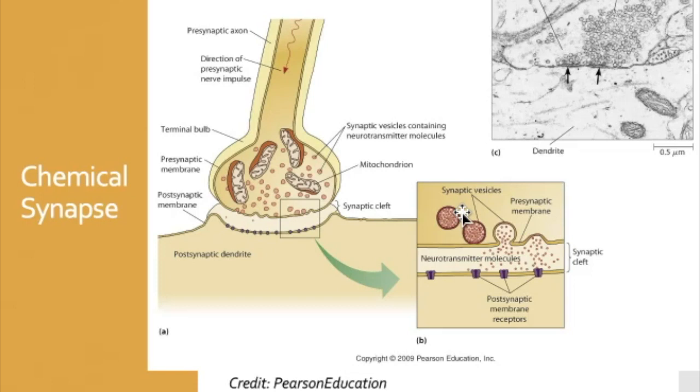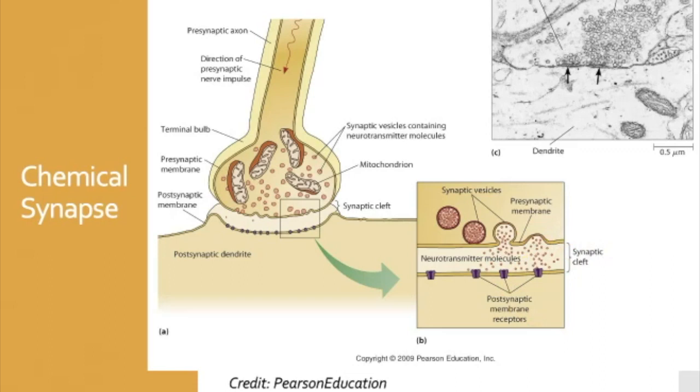The calcium is going to cause these vesicles to fuse with the presynaptic cell membrane, the neuron membrane, and the chemical inside, the neurotransmitter, will get released into the synapse. It travels across the synapse and it binds to receptors on the postsynaptic cell.